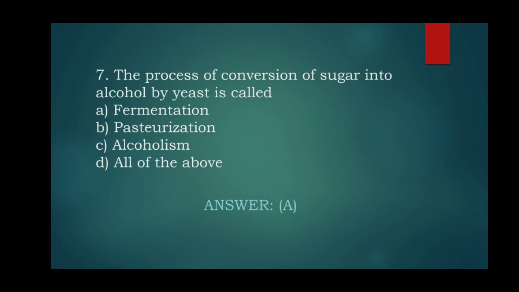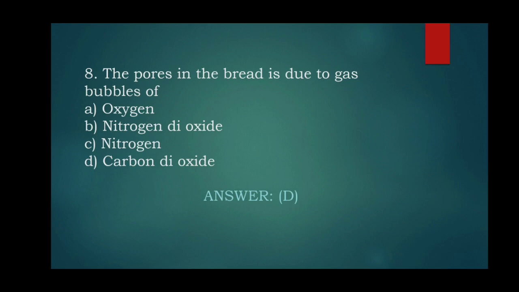The correct option is option A, fermentation, right? Question number 8: the puffiness in the bread is due to gas bubbles of oxygen, nitrogen dioxide, nitrogen and carbon dioxide. The correct option is option D, that is carbon dioxide.